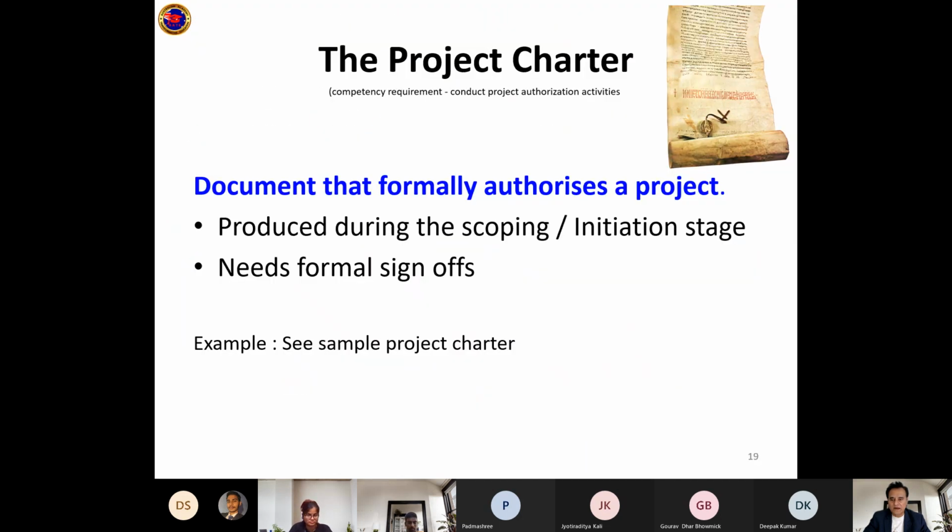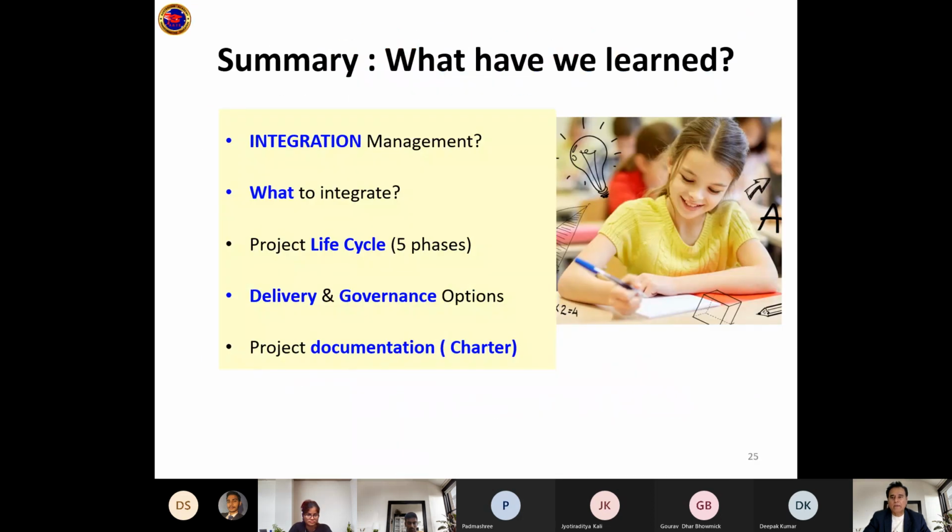So let me go back to my last slide. We have learned what to integrate, that is people, process, and practice. Then we learned, most importantly, the life cycle. Every project has a life cycle, 5 life cycles. Then we learned how to deliver and govern.